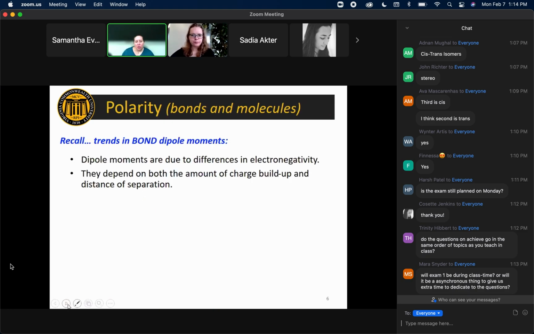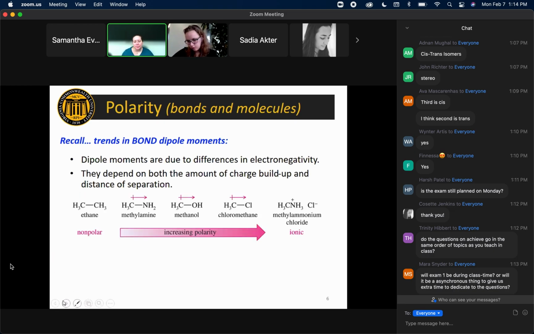First of all, we talked a bunch on Friday about the dipole moments of individual bonds. We got a preview of that stuff in chapter 1, but on Friday we went into a little bit more depth and talked about how those dipole moments are mostly due to the electronegativity difference between the two atoms, but they also have to do with the distance apart that those two atoms are, so the separation of charge.